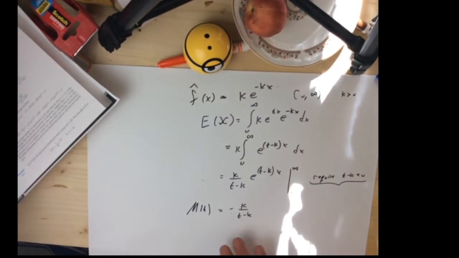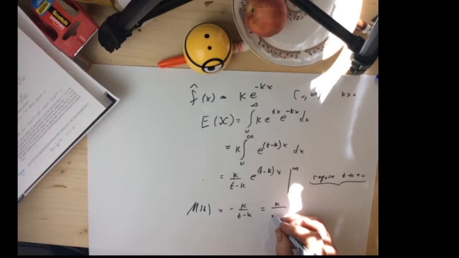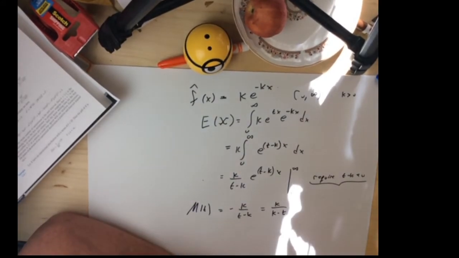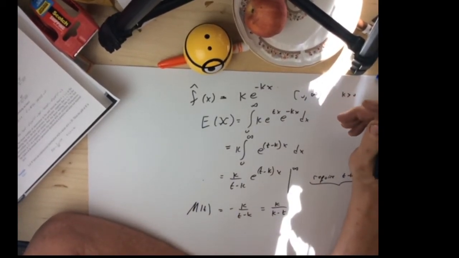Now, it turns out this form isn't terribly pleasant. Got too many minuses, so I'll put the minus in the denominator and write it as k over k minus t. That seems to be more useful. But I would really like this function to have some nice properties.